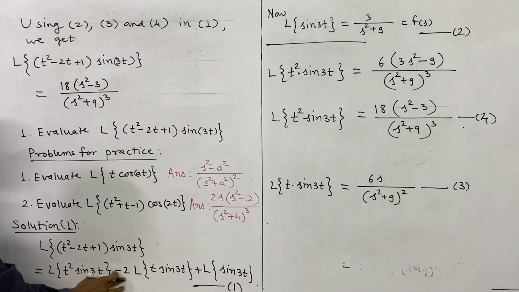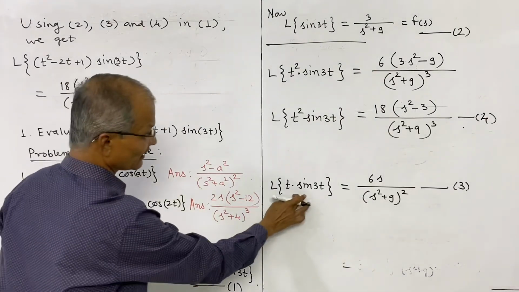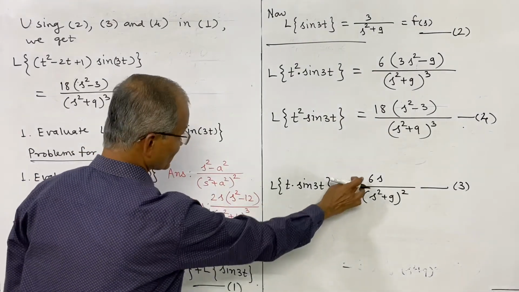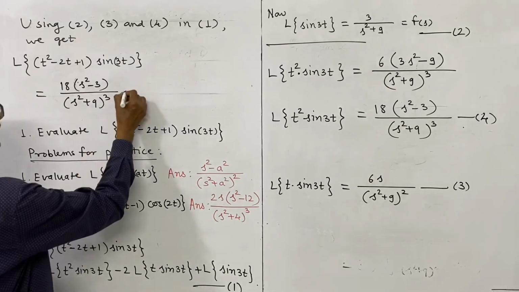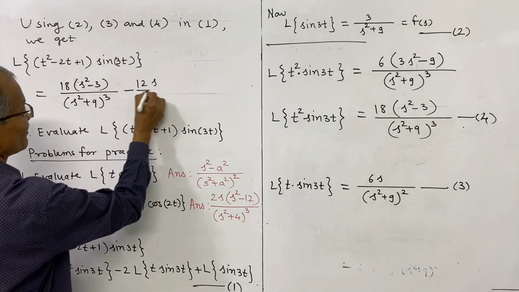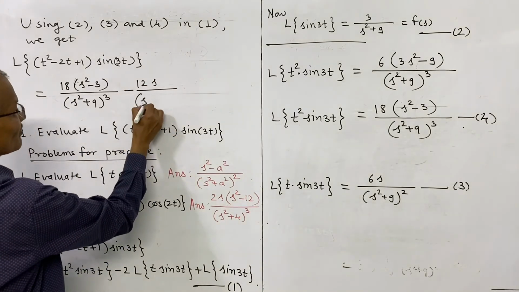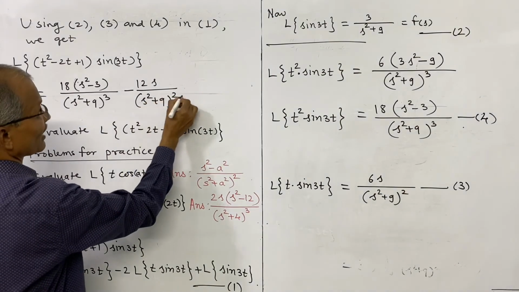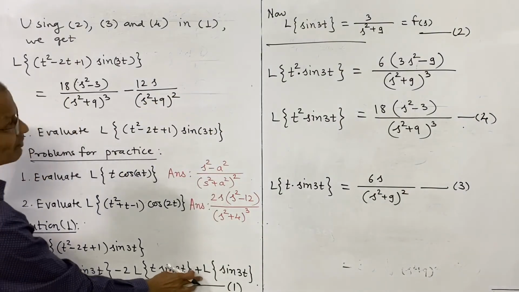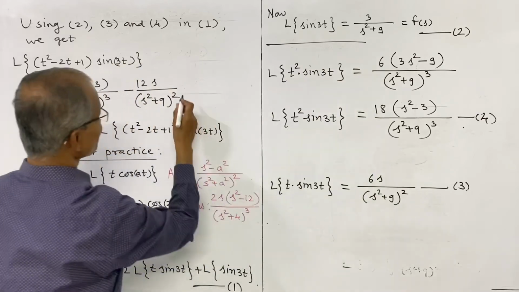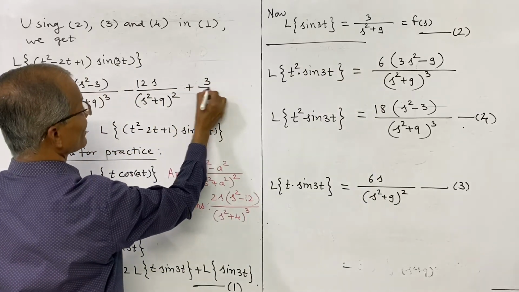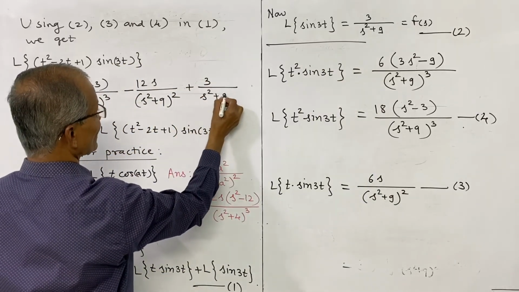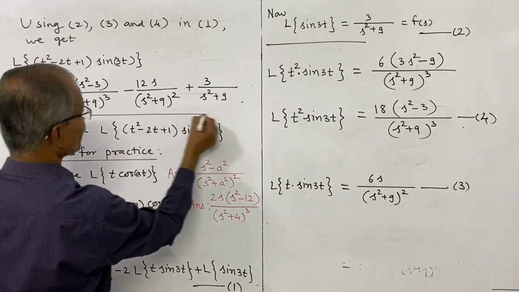And next is minus 2 times of L of t sine 3t, minus 2 into 6, that is minus 12 s divided by s square plus 9 whole square, and finally it is Laplace transform of sine 3t, that is plus 3 divided by s square plus 9. So this is the answer.